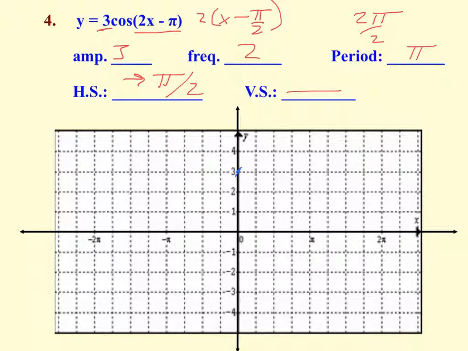And so we'd start off at 3, and within 1 period we're going to swoop all the way down to -3 and back up. However, we're shifting to the right pi over 2, and so each of these points is going to shift over a couple of units.